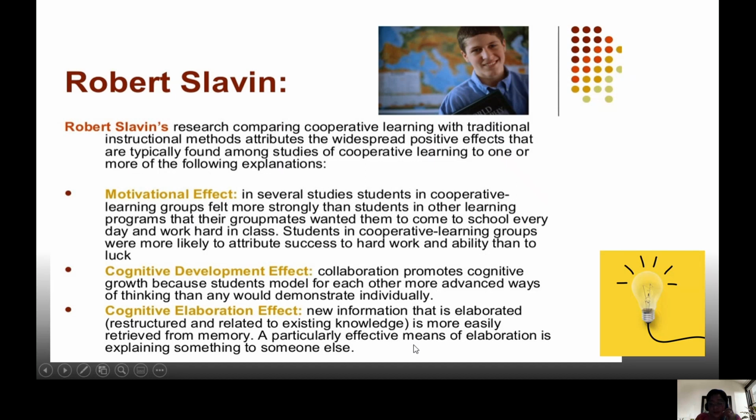A particularly effective means of elaboration is explaining something to someone else. So through their groupings, they would get new information which is being shared from each other.